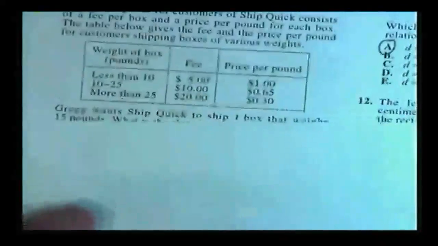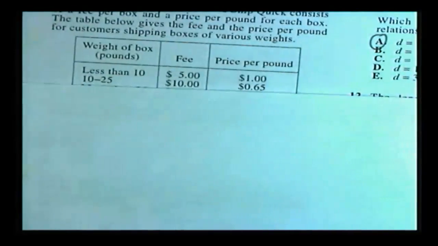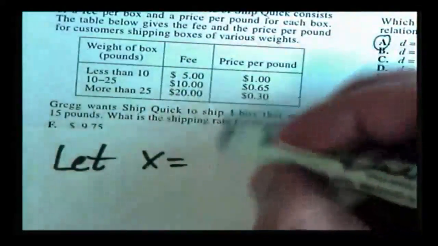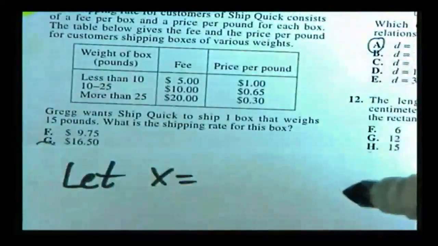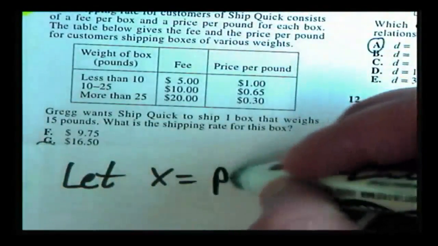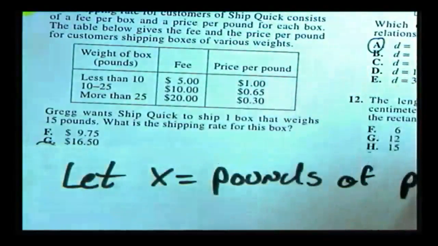So first off, we got to find out where 15 lies on the number line. Happens to lie between 10 and 25. So we're going to let x equal the pounds of package.